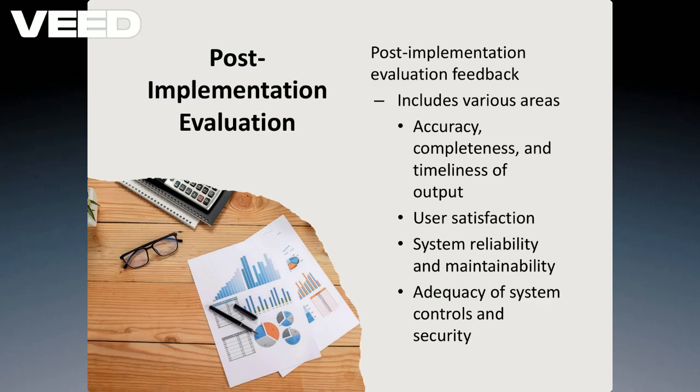When you said currently we have a system that takes 30 minutes to produce a report, then you said the new one will produce 100 reports, for the sake of argument, per 30 minutes, post-implementation wants to verify whether the system is actually able to produce that volume of reports. How happy are the users with the system, especially based on what they identified as the weaknesses in the current system? What has the new system delivered?